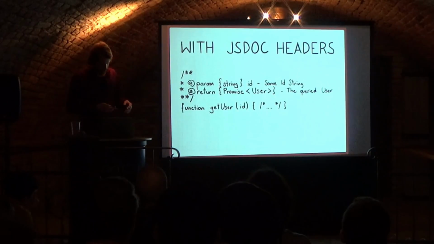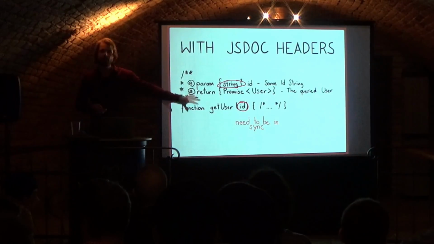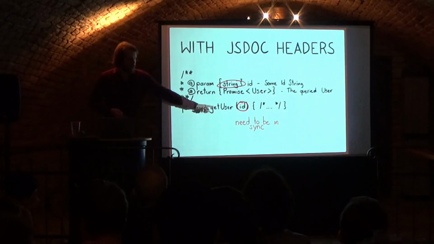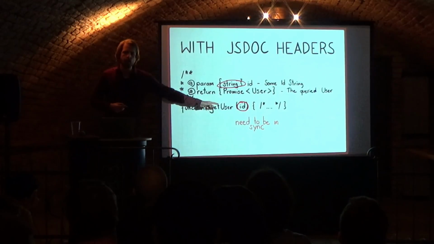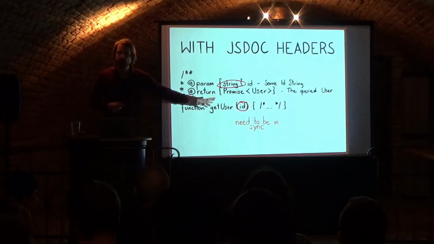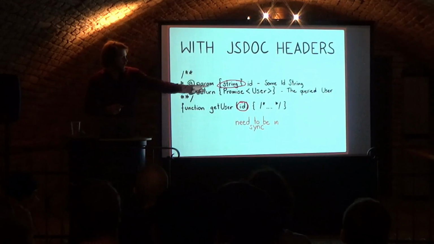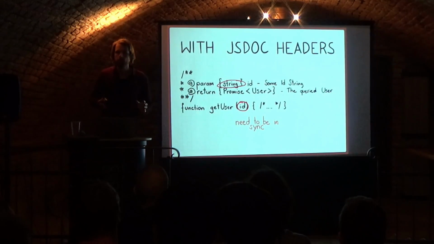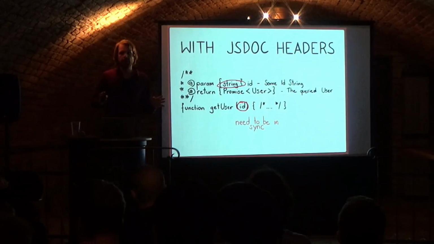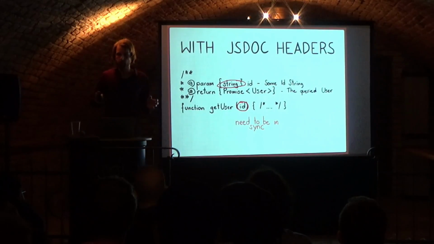And also we need to keep these values in sync. So if I add another parameter or switch a value, I need to make sure to update the docs as well. There is no automatic check of this. The only way to check this is code reviews.